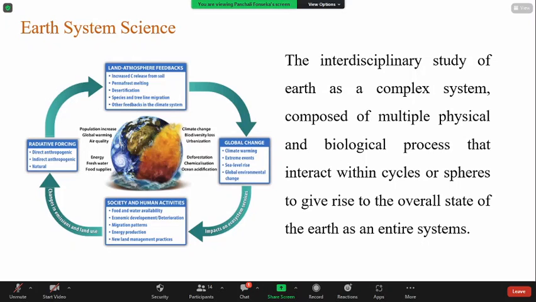So for example, it's similar to the human body system. All human body systems work together to maintain a body that functions well. So in terms of Earth system science, each of these systems allows Earth to keep itself in balance. So a change in one system will affect the other system.